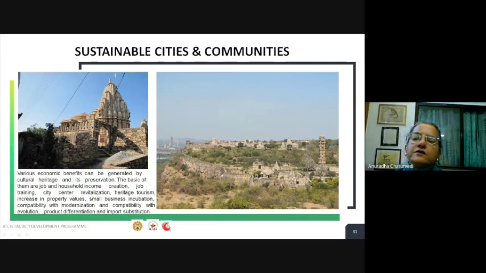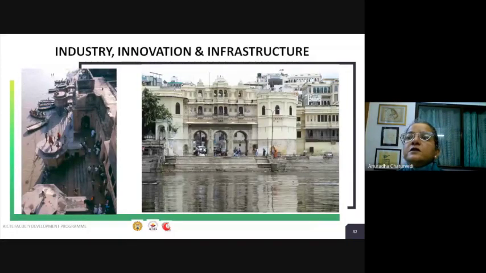There are economic benefits which are linked with compatibility with heritage sensitive interventions, and benefits linked with diversification of traditional products and substitution of imports by some of these improved traditional products.